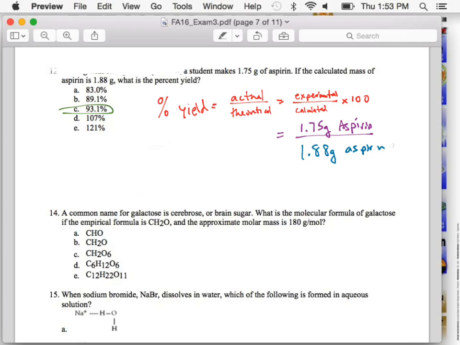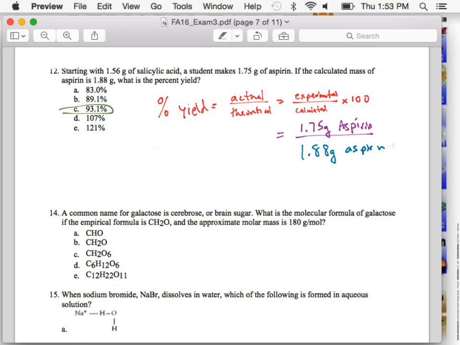How many different multiple choice answers would I be able to come up with? 2. How many multiple choice answers do I need? I need 5. Because I need 4 wrong answers, A, B, C, D, E. Well, if there's only 2 possibles with that sequence of numbers, what do I need to do? Add another number. Now, if you don't know what you're doing, you punch in the 1.56 as useless information, you will get one of those other answers.